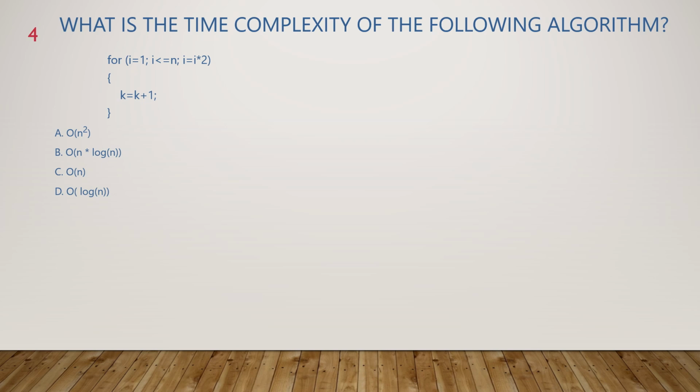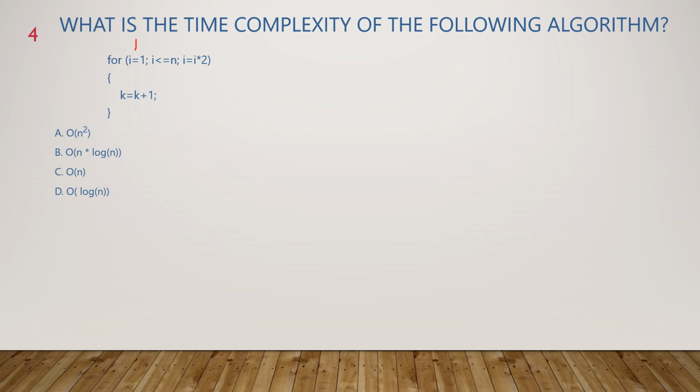Here, i is initialized once, in one time. Then k equals k plus 1 operates based on the test and the incrementer.